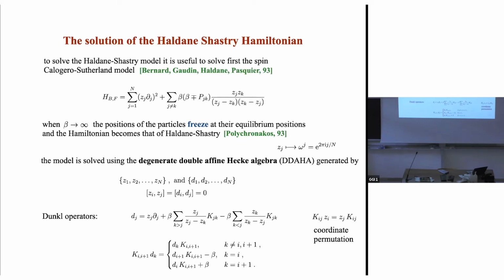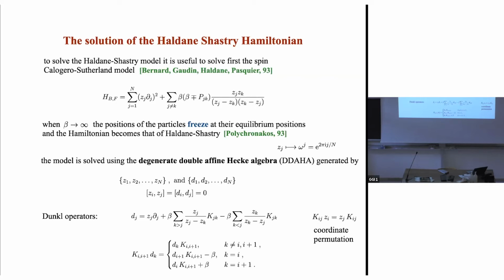This model is solved by using what is called the degenerate double affine Hecke algebra, which involves the positions of the particles and some generalized momentum operators, defined in terms of coordinate permutations. The K operators permute the coordinates of the particles, and they depend on this parameter beta.